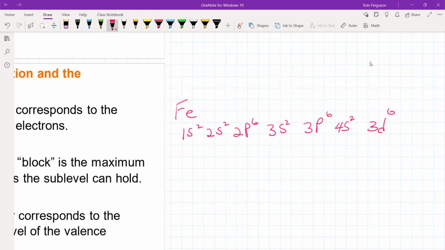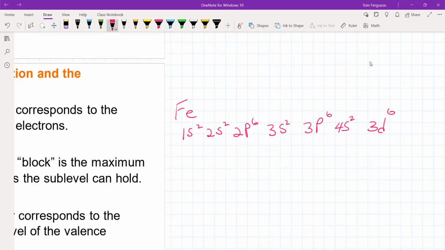Now, if I ask you for an orbital diagram, all I want you to do are the valence electrons. You don't have to do these, because these are core electrons. Core electrons are super stable because all their orbitals and shells and subshells are full. It's only the outer one.